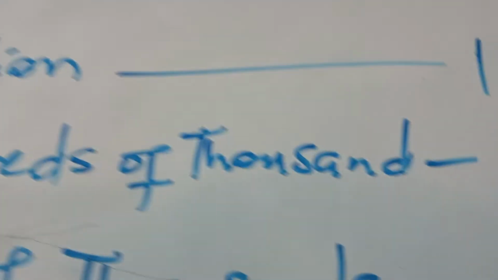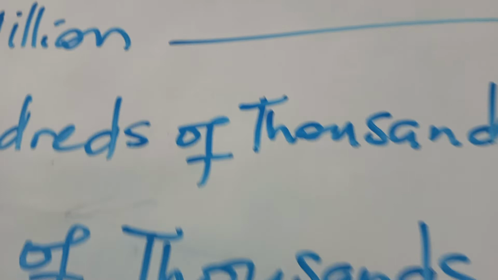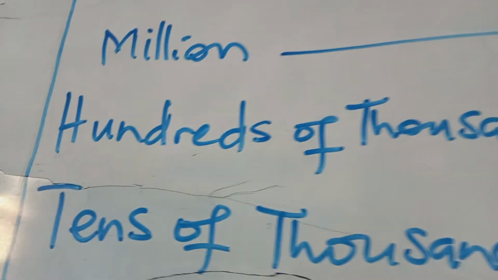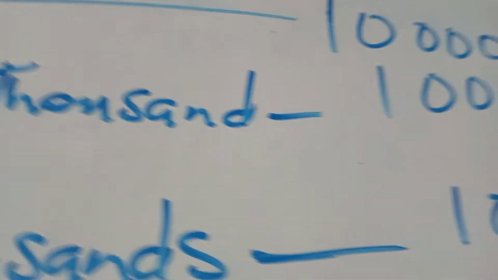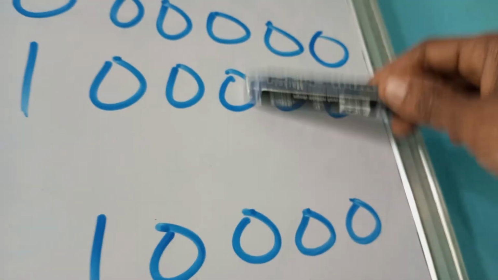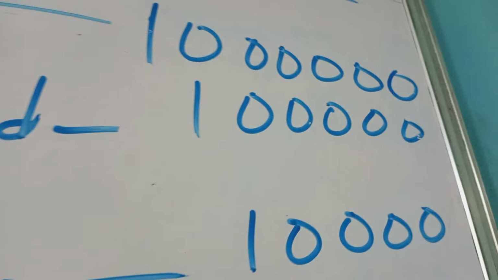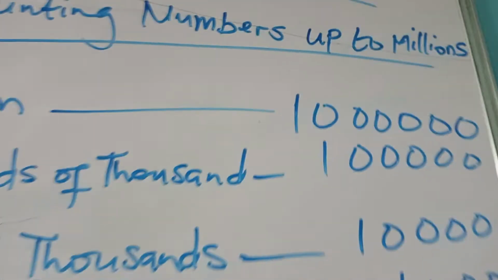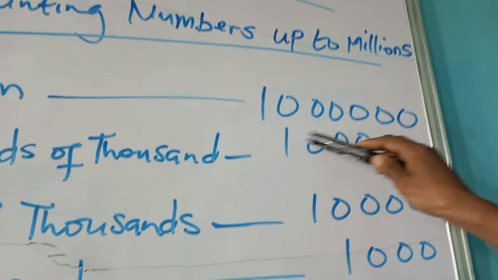Let's proceed. The next one is hundreds of thousands. Let us see how many digits are involved. Let us count it. 1, 2, 3, 4, 5, 6. Let's count again. 1, 2, 3, 4, 5, 6.